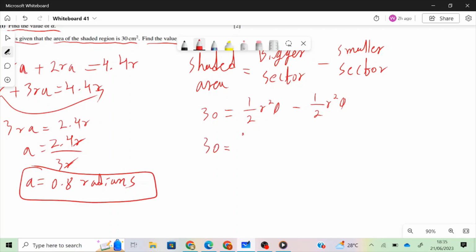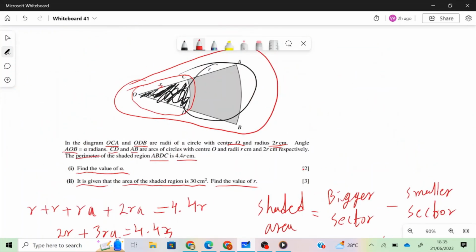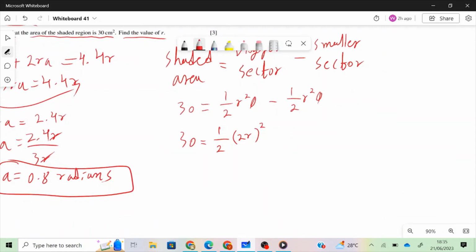30 is equal to half into 2r, because the radius of the bigger sector is 2r, because r plus r is 2r, and then you square that according to the formula, and you multiply this by 0.8 or alpha, because that is our theta, minus half of r squared, simply r into 0.8.